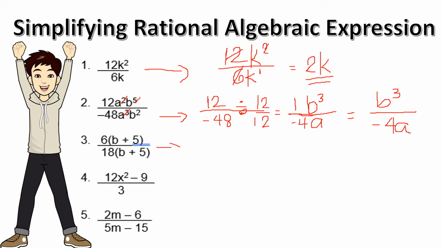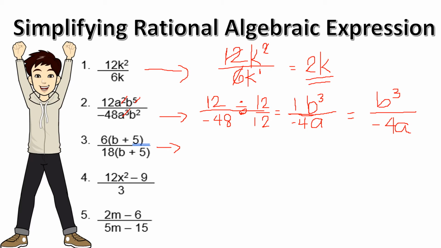Next, for number 3, we have 6 times the quantity b plus 5 divided by 18 times the quantity b plus 5. So hindi natin kailangan i-distribute yung ating 6 and 18. Since ang ginagawa naman natin ay simplifying, ibig sabihin, pinapafactor nga natin, kaya hindi na tayo dapat mag-multiply. So makikita natin b plus 5 over b plus 5.